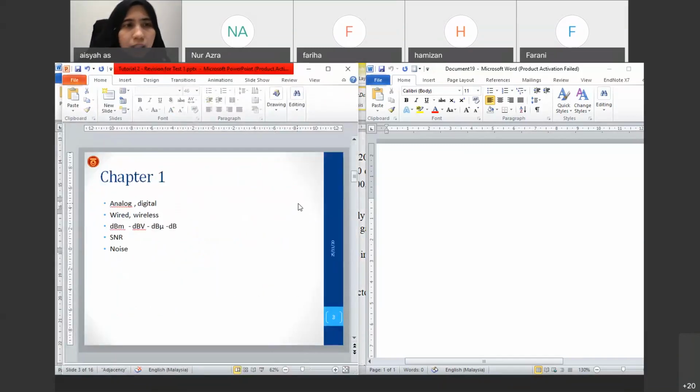Okay, for the first chapter, you have learned about the communication system, the principle. The first basic that you need to know is the information, the original signals, and then when we want to transmit to another place or in the distance.